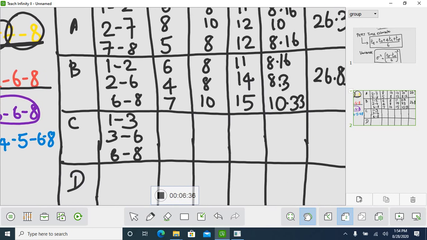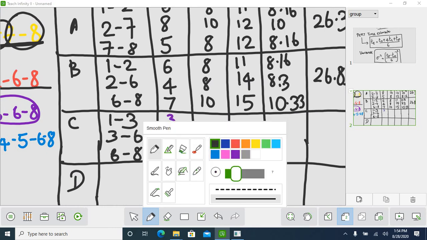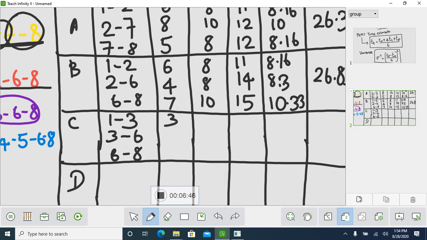So write down: 1 to 3 is 3, 7, 9. Next, for 3 to 6, we have 8, 10, 12.